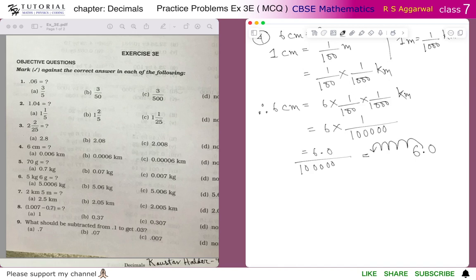The fifth jump will be the position of the decimal point, and in between we will add zeros. So the decimal point will come here. So this becomes 0.00006, and if there are no digits to the left of the decimal point, we simply put a single 0. So this will be this much kilometer. So we can see the choice will be C.